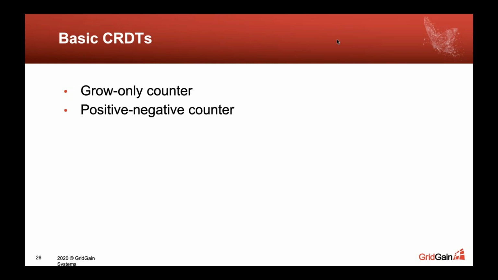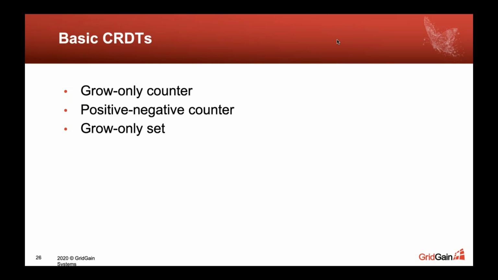So when a conflict appears, you select the maximum of the corresponding counterpart of the pair, and the value of the positive-negative counter is the first value minus the second value. So it's a counter that can both grow and shrink, but still the conflict resolution is possible.